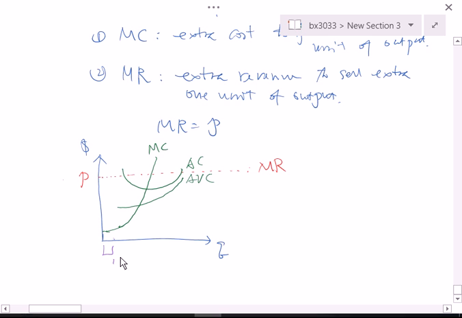Then I'm going to think, should I produce the second unit? Again, to produce the second unit, the actual cost to me is this many. I can sell this unit at the market price of this many. So again, it's a good idea to produce the second unit output because the marginal revenue is bigger than marginal cost.